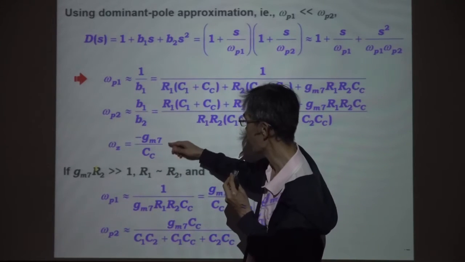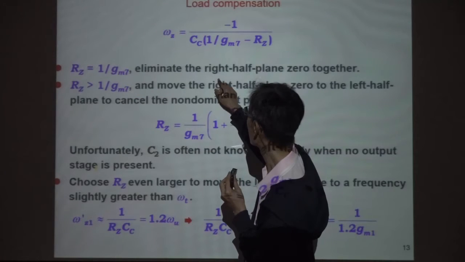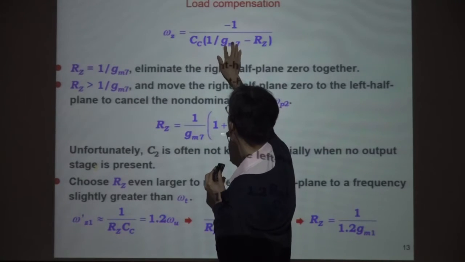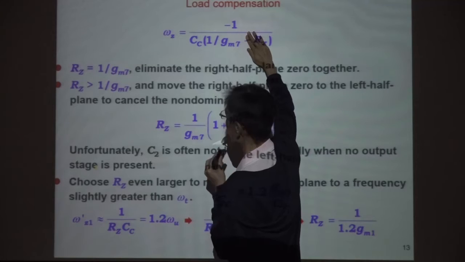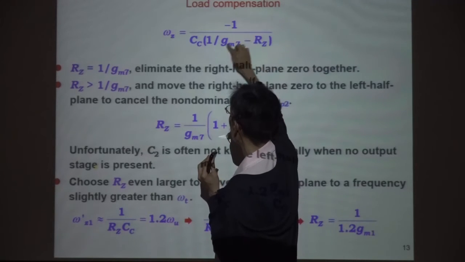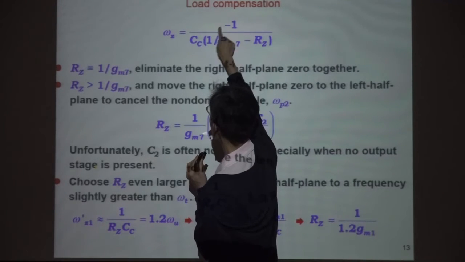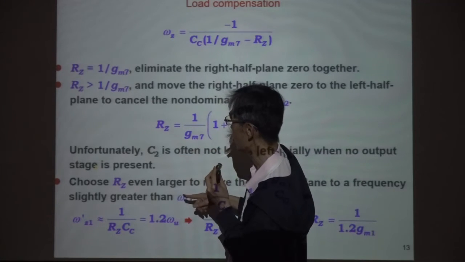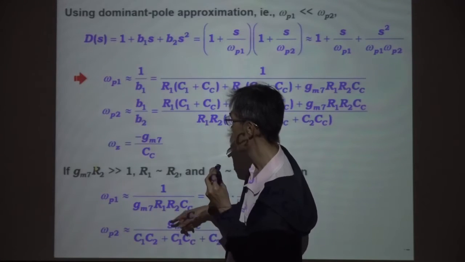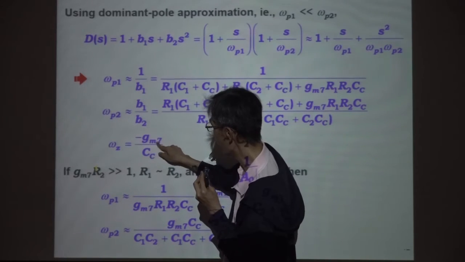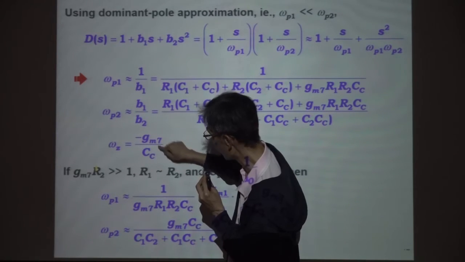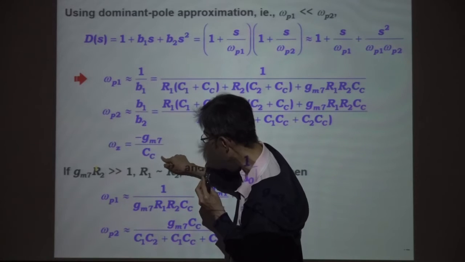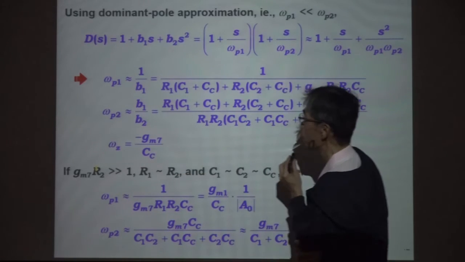See, GM7. We assume no RZ, and GM7 is here. Minus GM7 divided by CC. You can move this one to become 1 over GM7.